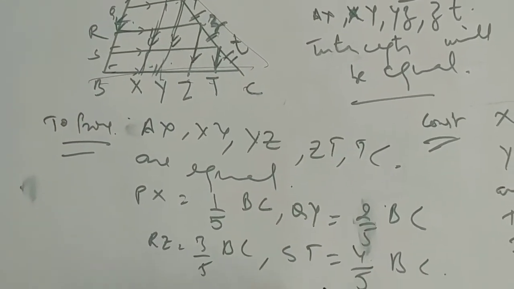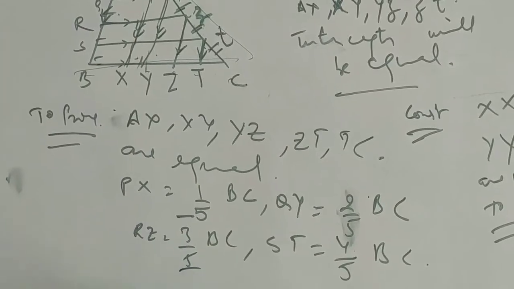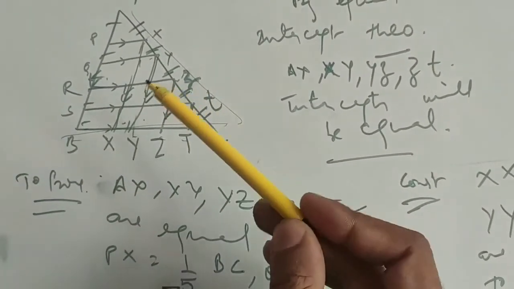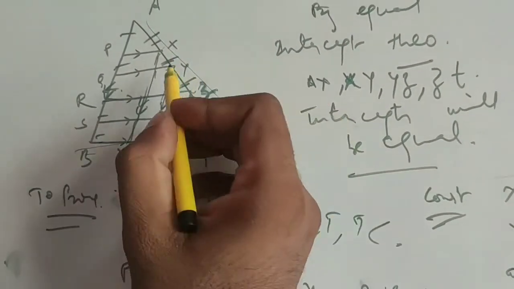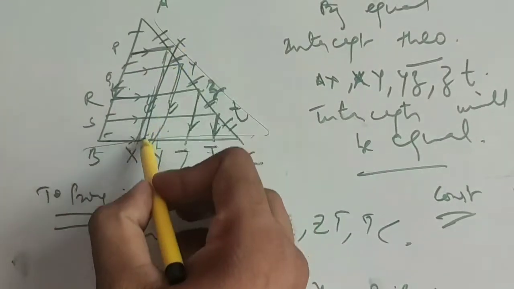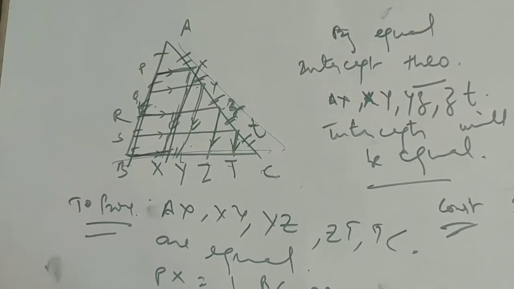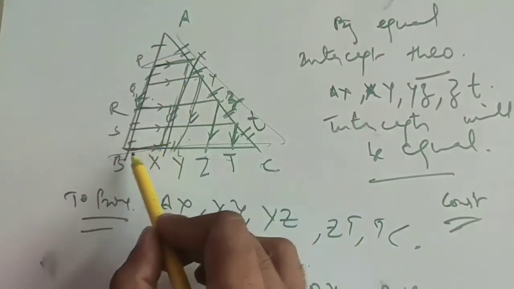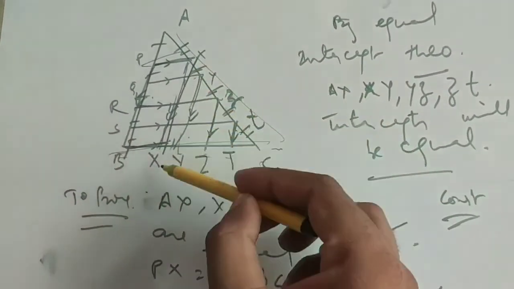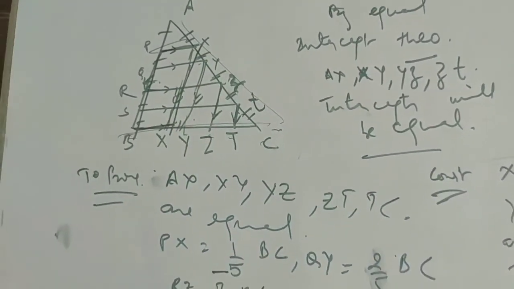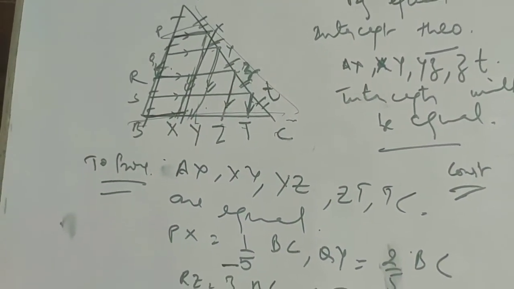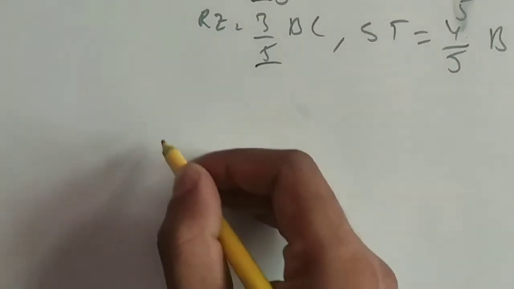One more thing. Now we need to prove this. For that, we will say that PXXB is a parallelogram. Why is it a parallelogram? Because PX was parallel to BC, and XX is parallel to PB. So PXXB is a parallelogram. I draw the figure again here.